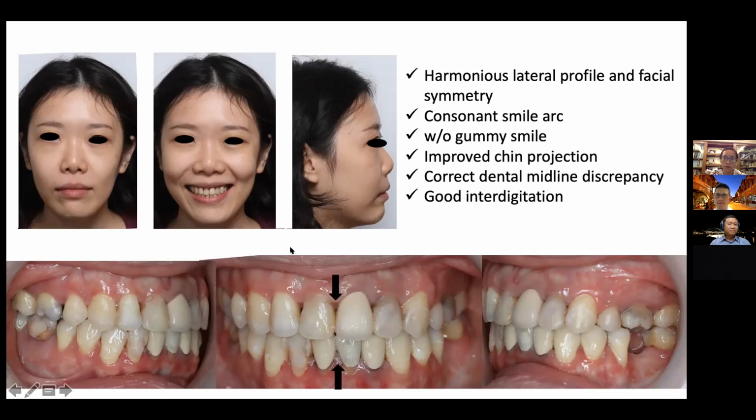For anterior open bite cases, if the patients have a habitual tongue thrust problem, we might need a tongue crib in the removable retainers to keep the tongue away from the teeth and maintain the stability of the correction of anterior open bite. I hope that answers her question.